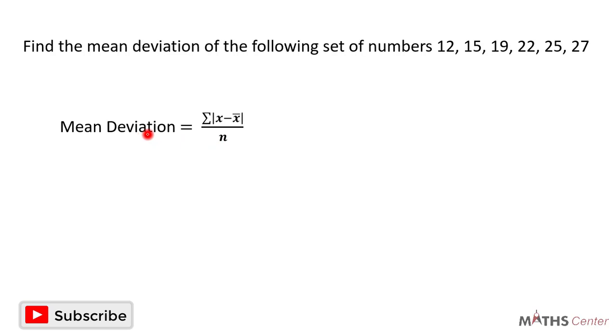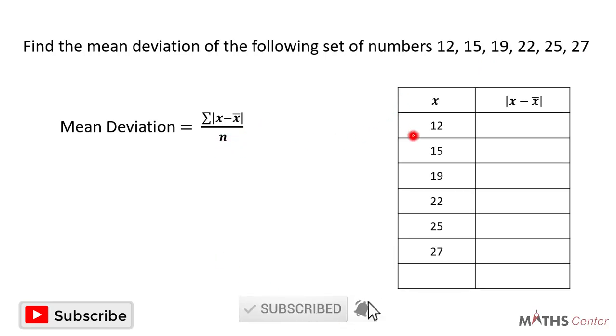To get the mean deviation, we first have to find the mean of x. We will get the mean of x by adding all the x values, that is the set of numbers given to us, and then dividing it by their number. They are 1, 2, 3, 4, 5, 6. They are 6 in number, so it means that n is equal to 6.